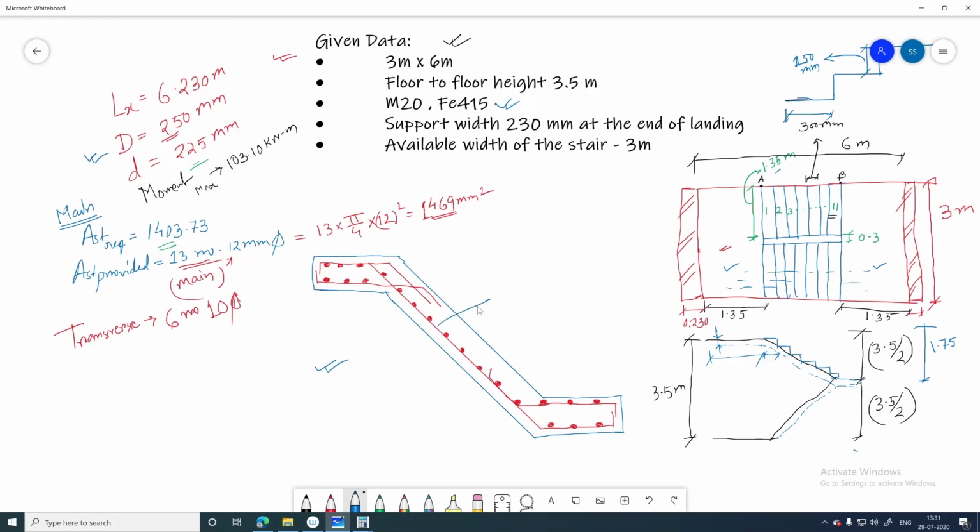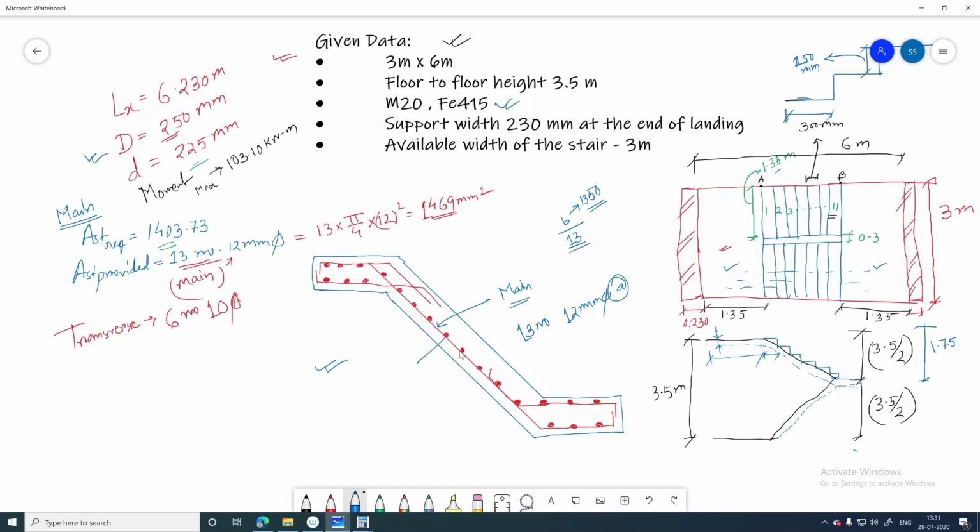This is the main reinforcement that we have provided here, 13 numbers of 12 mm dia. The center to center distance you can determine by B by 13, where B is 1350.